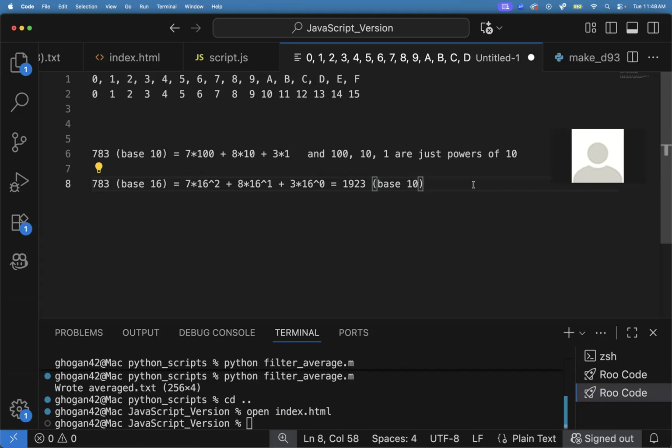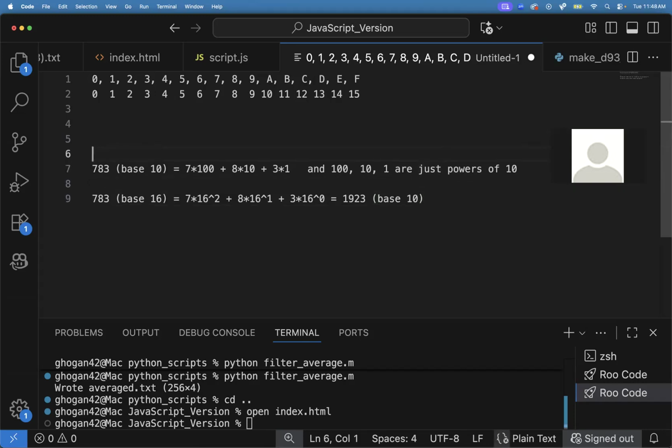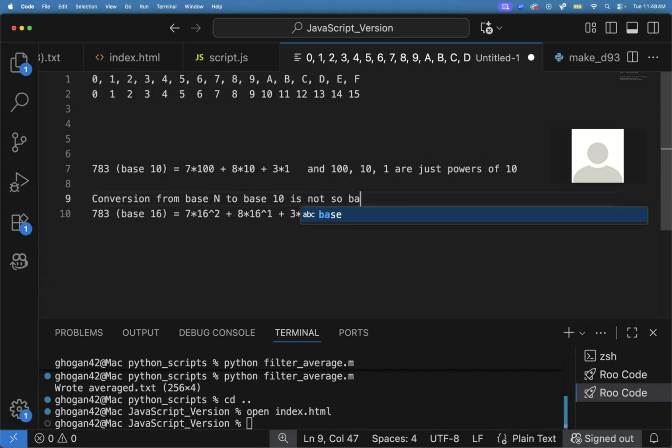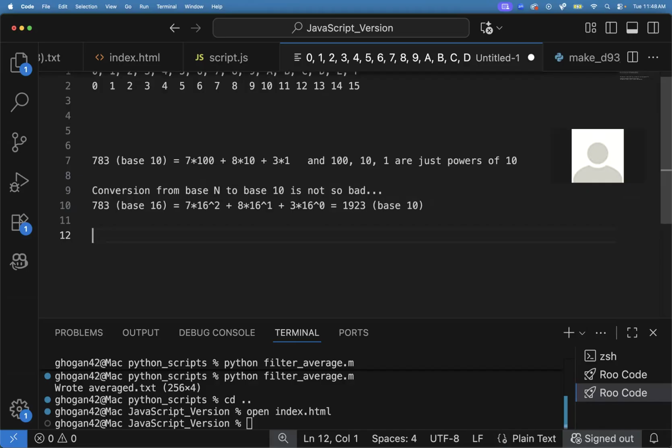And so conversion that way to decimal is not that bad. So conversion from base n to base 10 is not so bad. That's what you got to do. Also, there's a bunch of calculators that can help you out online if we need that kind of help.